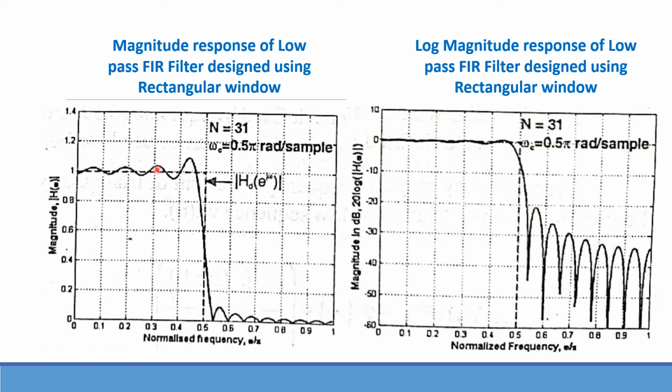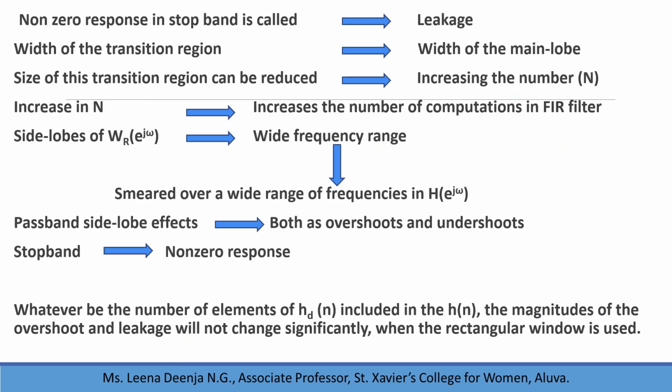And in the ideal case, in the pass band the magnitude is constant, but here we can see the oscillations in this pass band. And in the stop band, in the ideal case, the magnitude is 0, but here it is not 0. Here we can see a number of oscillations in the stop band. The non-zero response in the stop band is called leakage.